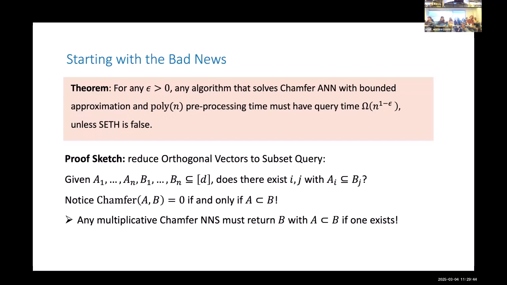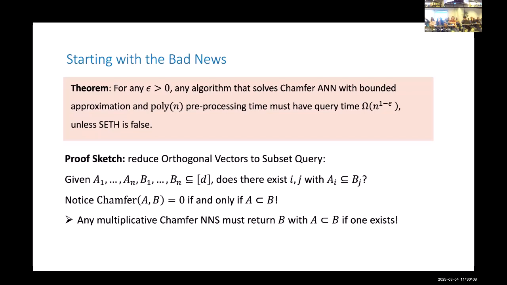If you want a multiplicative approximation, you better be able to distinguish between your query being contained in the data set point and not being contained. Any multiplicative approximation must do this. So any multiplicative approximation is going to be able to solve this subset query problem, and therefore n applications of it will solve the orthogonal vectors problem. So this is why we can't solve this.